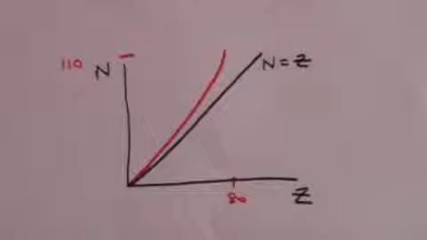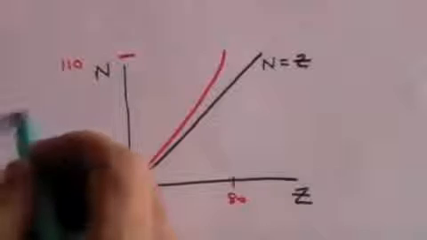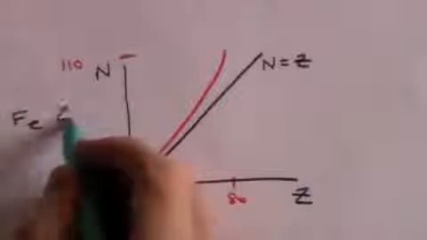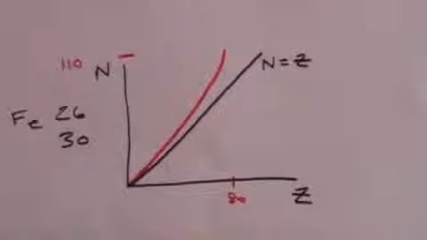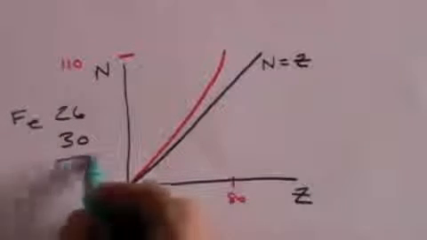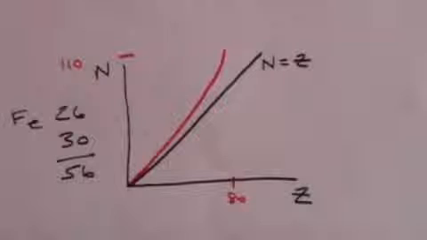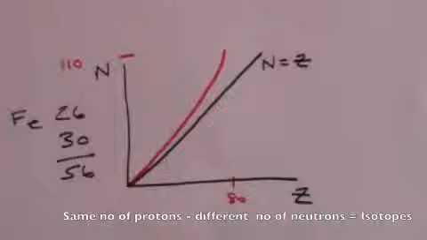For example, iron has 26 protons, and it also has in its most stable form 30 neutrons, so that it has 56 protons and neutrons, which together we call nucleons. Elements with different numbers of neutrons but the same number of protons are called isotopes.